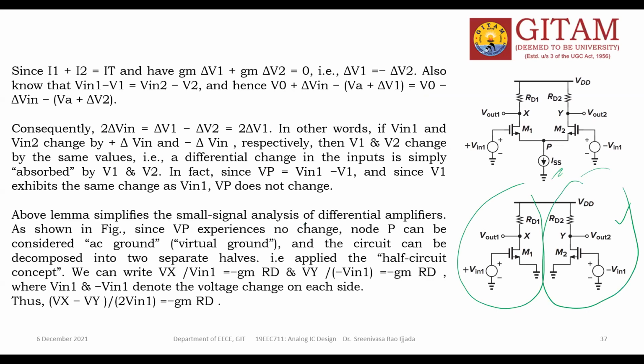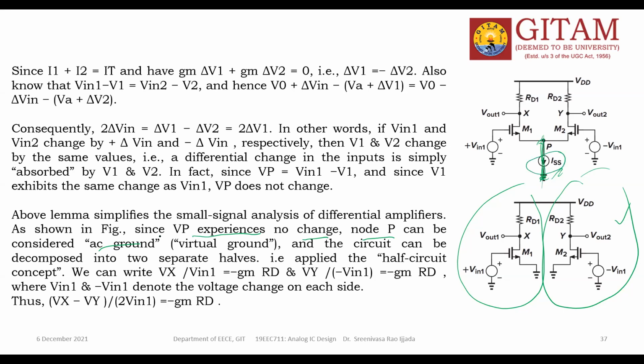Now, from the small signal analysis of differential amplifiers, Vp experiences no change at node P, so it can be considered as ground. Even no change at P means you can say it's a ground or virtual ground. Whatever the voltage here, the same voltage is here, which means these two can be tied together. There is no impact of this.